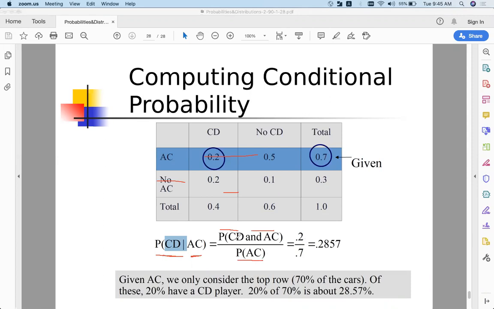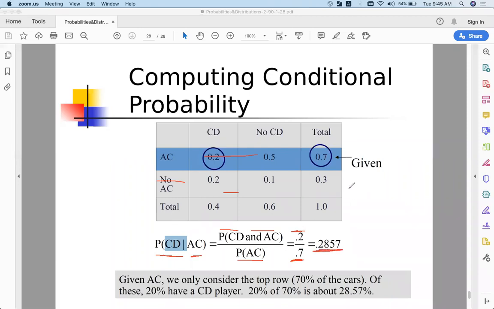What is the probability of having AC? They have given that 70% of the cars have AC, so 0.7. What is the probability that they have both CD and AC? It is 20%. So the answer is 0.2 divided by 0.7, which is 0.28.